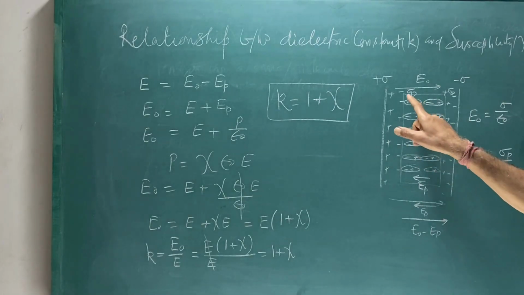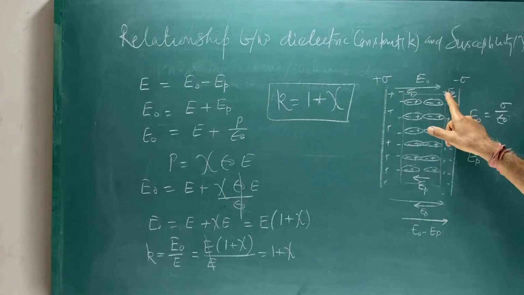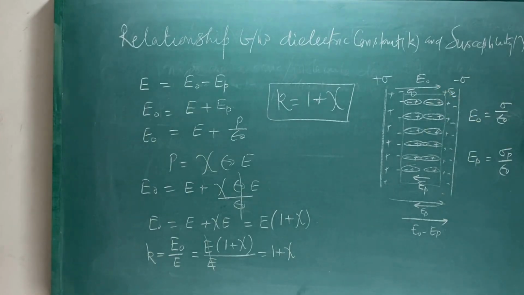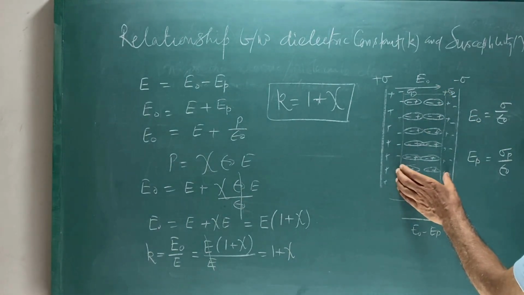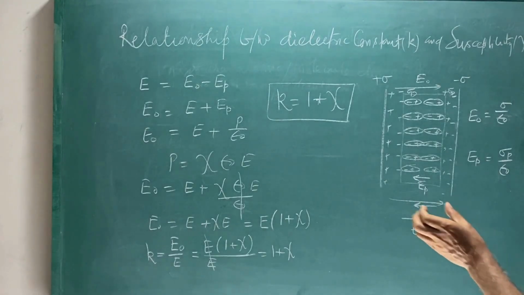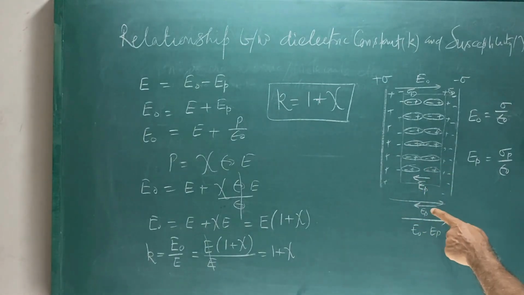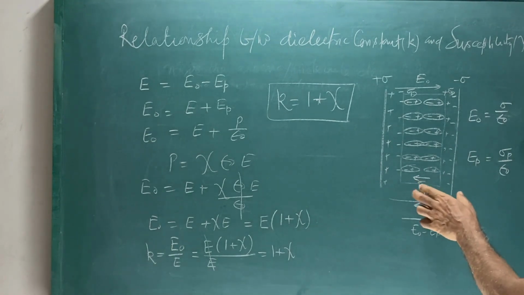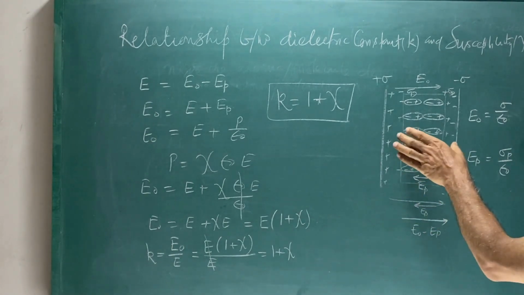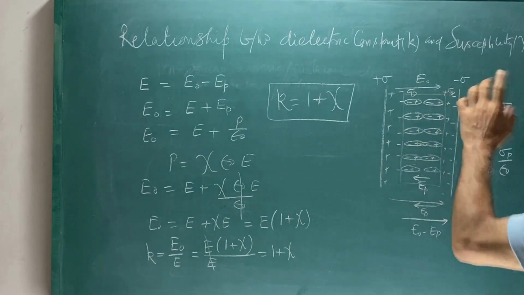So here we have minus sigma P, here it will be plus sigma P, that is the induced. That means in this region an electric field is induced, that is known as EP, and that EP is in the opposite direction to the applied field E naught.